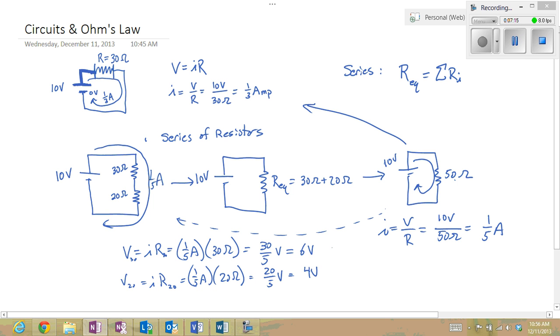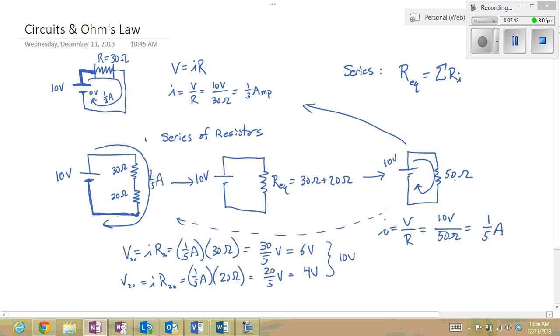You'll notice that the sum of these two is 10 volts. That's good because in this circuit I have 10 volts of available potential. If I drop 6 of it across the 30 ohm resistor, I need to drop the other 4 volts across the 20 ohm resistor, because when I get down to this point down here in the corner, I have to be at 0 volts because I'm back at the 0 volt section of the battery.